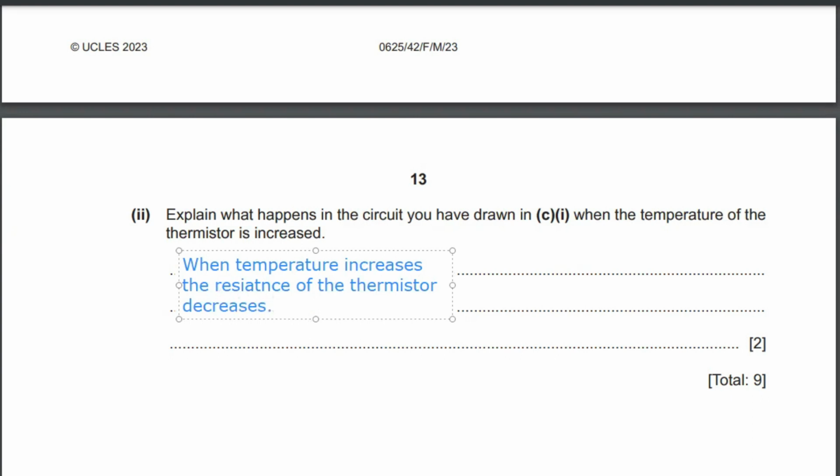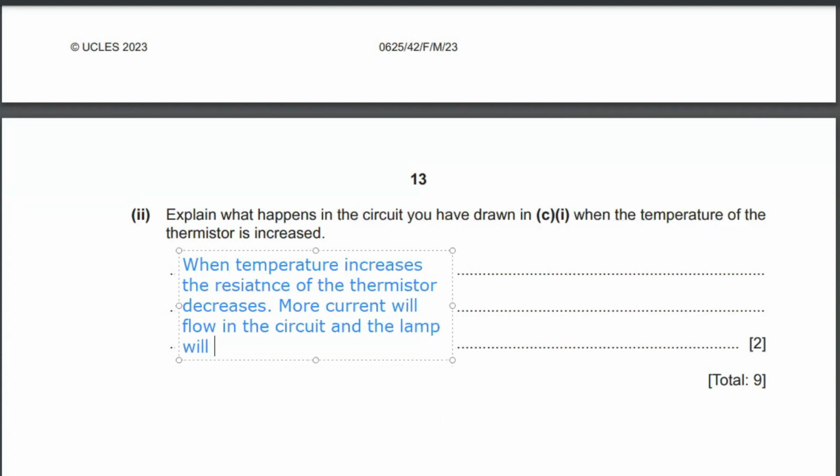So due to this, more current will flow in the circuit, and the lamp will glow brighter if it was already on. If it was not on, it will now turn on. And as more current is passing, there will be a greater potential difference across the lamp.